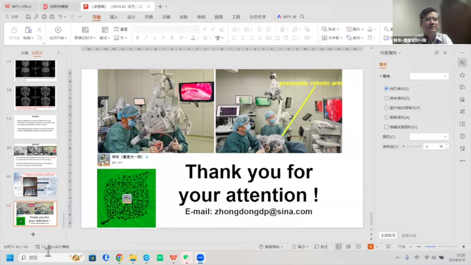But maybe years ago, in the operation, I found the BAEP changes and had to stop the operation. But at this moment, I didn't have this change.